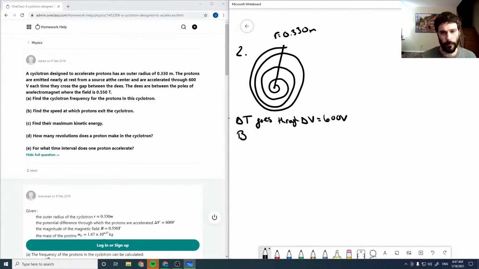And then we've got a B field of 0.550 Tesla, which is keeping our proton rotating.